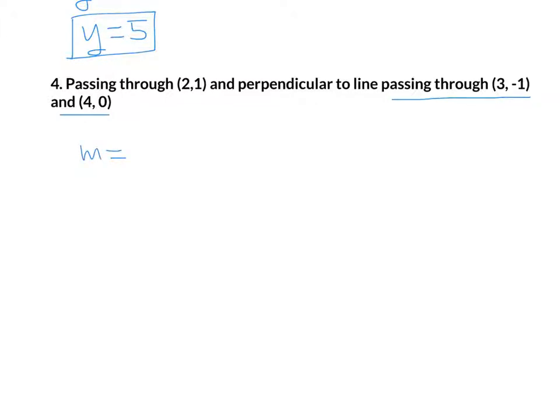The slope is going to be the change in y over the change in x. So let's take the difference in the y values. If we start with 3, -1, we're going to take -1 minus 0 over 3 minus 4. So we get a slope of -1 over -1, which is actually just 1. So we have a slope of 1.